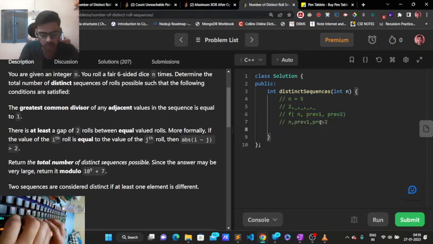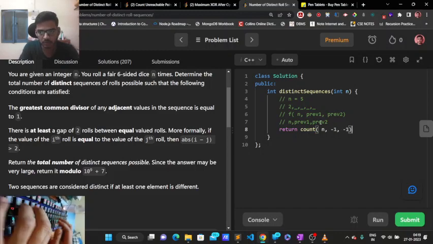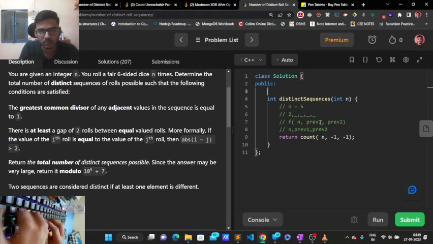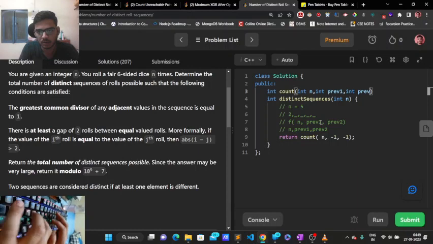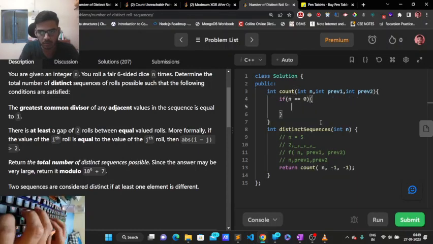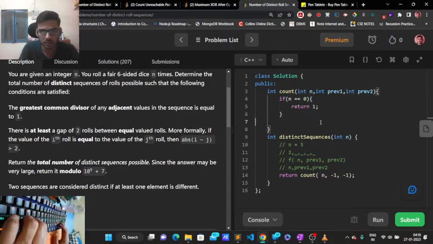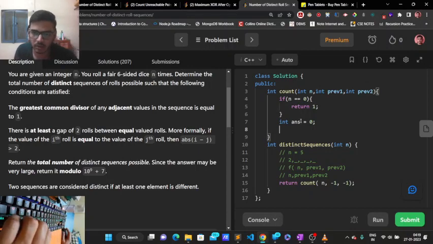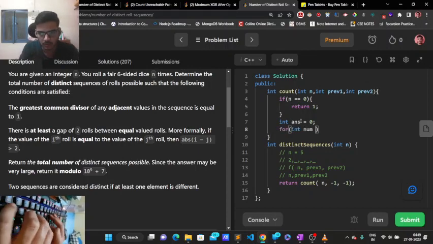Now let's code the solution. We have written count with n, PRV1 and PRV2. Initially we have not rolled the dice, so we will define both as -1. In this case, if n comes out to be 0, we'll have to return 1. Now the other cases.